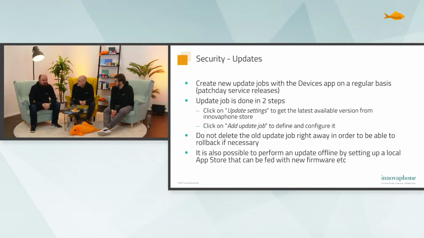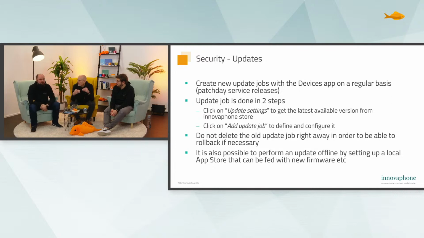It's better you don't delete the last update jobs, because if you have problems with the newest one you have installed on the customer side and you don't have older update jobs, you cannot go back. If you have the old update jobs in this list, then you can go back to the older one by clicking on Run Now. There is an icon, Run Now, and then you can go back to the state.